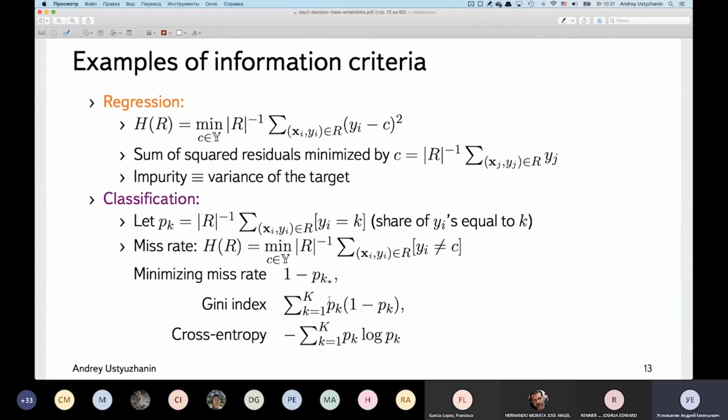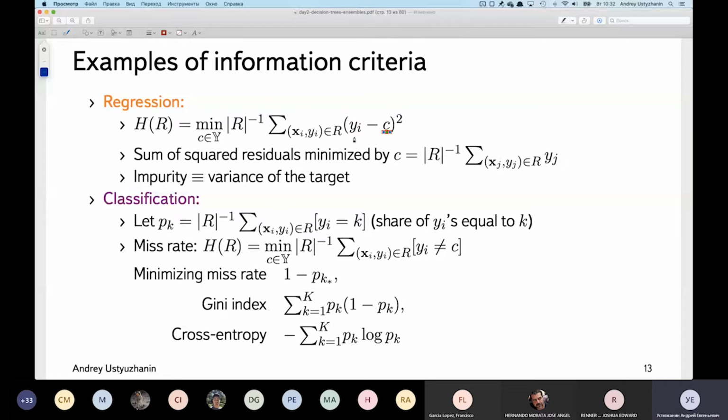Speaking of information criteria, it is a purity condition, a mathematical expression. As I mentioned, decision trees can work for both regression and classification. For regression, it could be something similar to the mean squared error. You see, c is a value stored in the leaf.